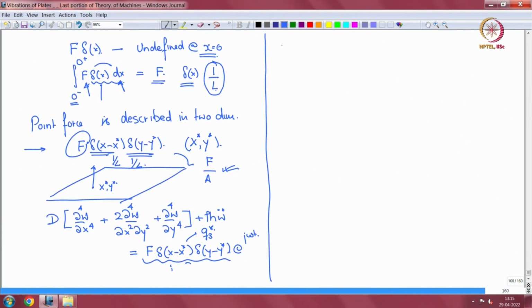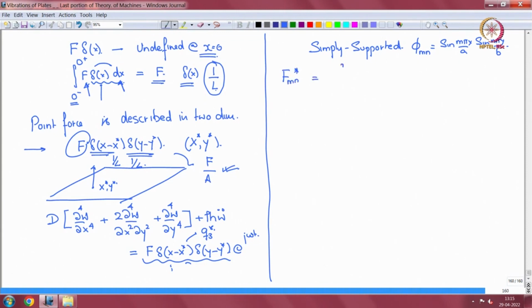So now what is F? We have a simply supported plate. So we are going to look at the plate as simply supported. That means my phi Mn is sine m pi x by a sine n pi y by b. So given this Q3 star, let us find Fmn star.